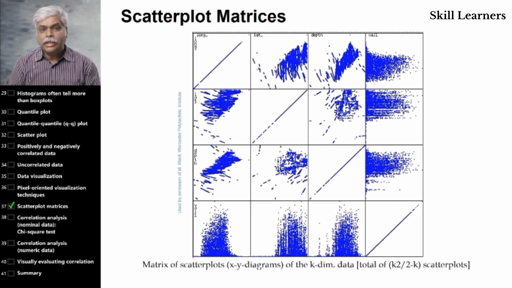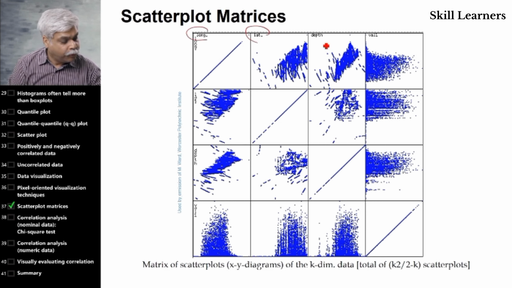This is a scatter plot of different variables, 4 variables: latitude, longitude, depth. 4 variables are computed. And these are scatter plots of those 4 variables against each other. So obviously the diagonal is a variable against itself. So it is the 45-degree line.